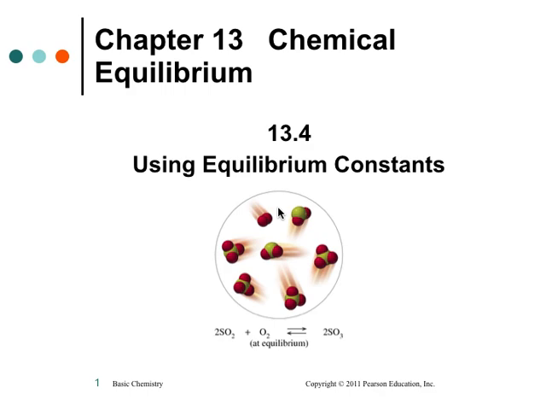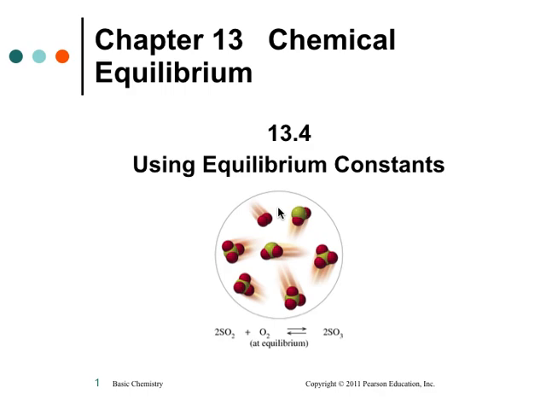So if it's a large Kc, that equilibrium constant is going to show you that there's a large amount of products. So we think of the arrow going right as big and a tiny little arrow going left, or a smaller arrow. If it's a small Kc, you're going to have a large arrow going left with a little arrow going right. So it's going to tend towards one way or the other.